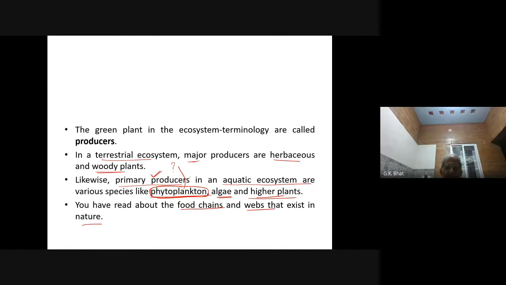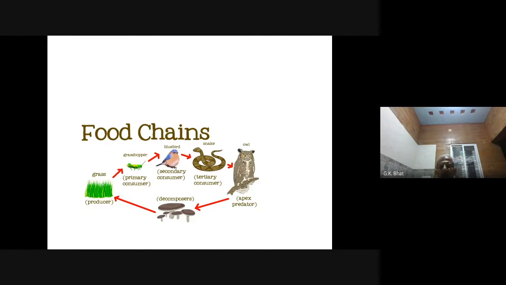In a food chain, each and every organism becomes the food for another organism. At the same time, it is feeding on another organism. These linked organisms form the food chain. Here is a simple food chain.